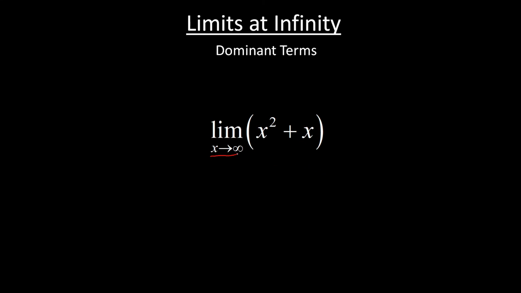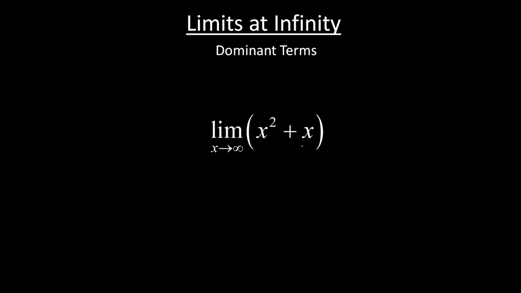So when x starts going to extremely large numbers, these exponents start to make a huge deal. And even one exponent away, so this is 1, this is 2, even that difference of just 1 is a huge difference when numbers get large.